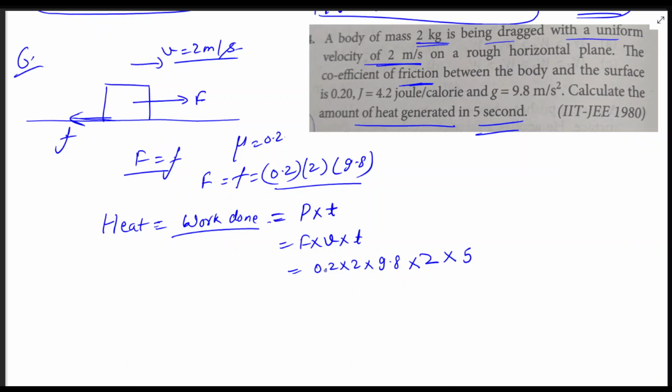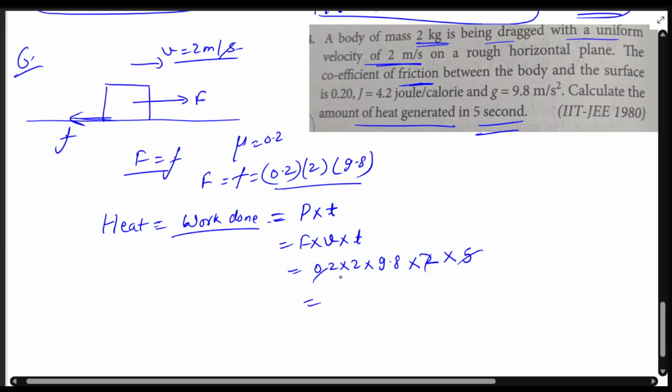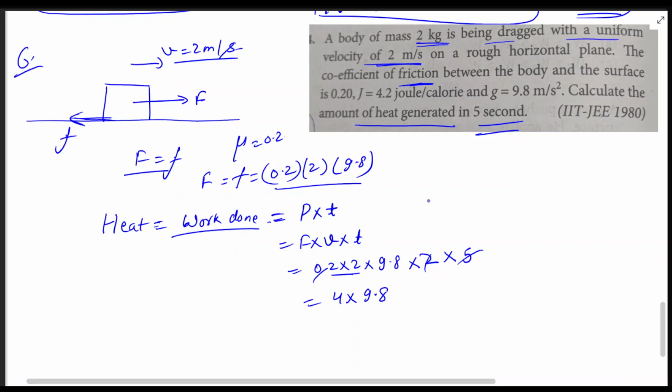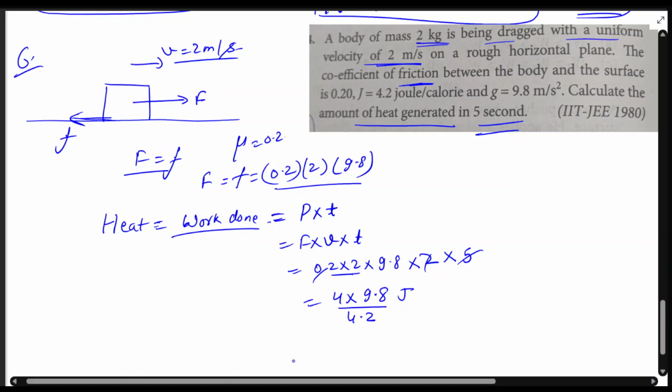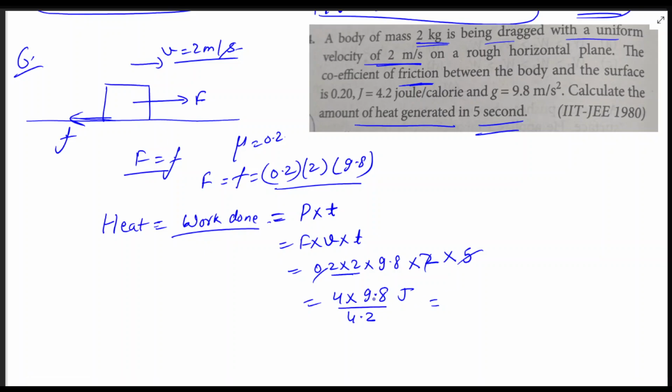So this decimal will get cancelled, so we will have 4 times 9.8. Now if I have to convert it to calories, this is in joule, we have to divide it by 4.2, right? So approximately 40 divided by 4.2, so it will be 9 point something calories. Okay. So 9 point something calories will be the answer.